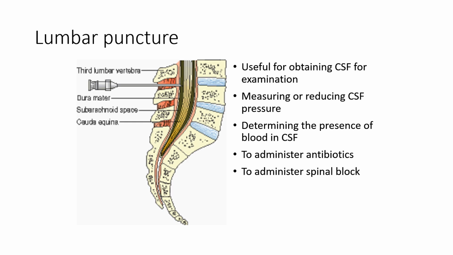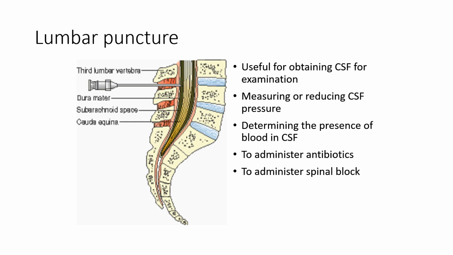Remember, the spinal cord ends at L1, and so that's why we go below that point for a lumbar puncture or a spinal tap, which is the lay term for LP. We also know that there is a large collection of spinal fluid below L3, and so we have a better chance of getting spinal fluid at that level.